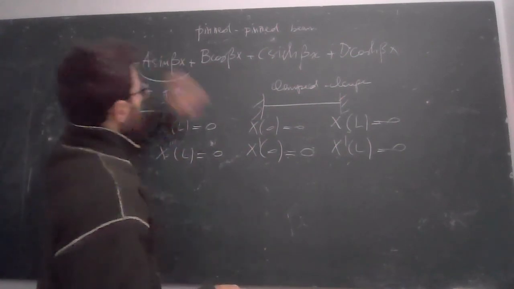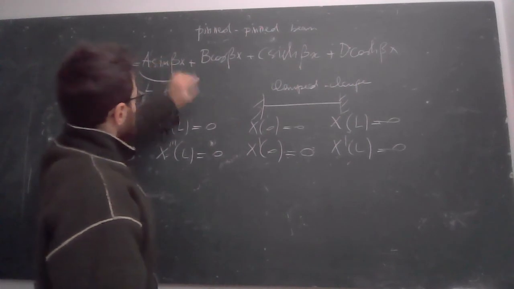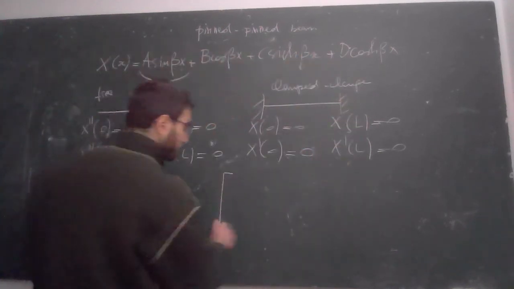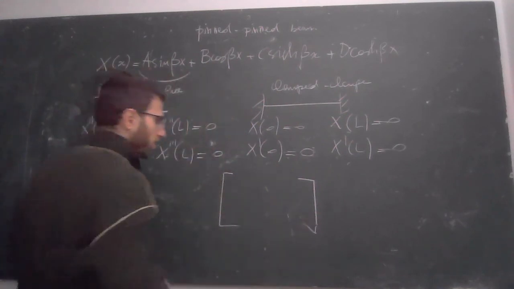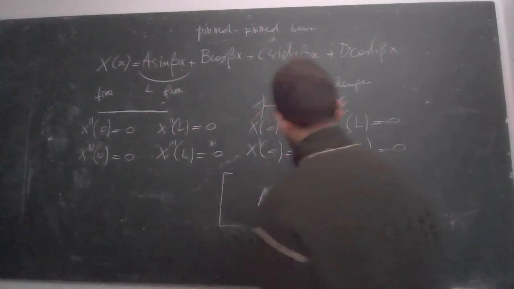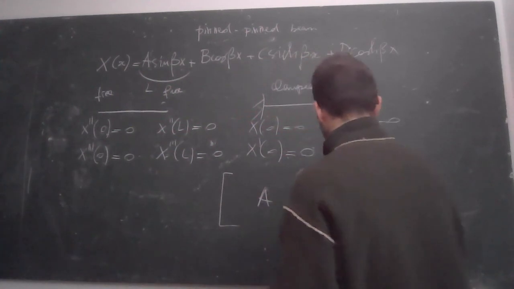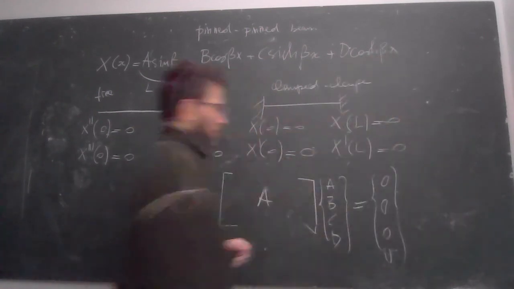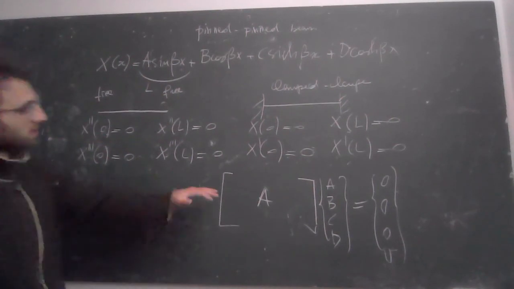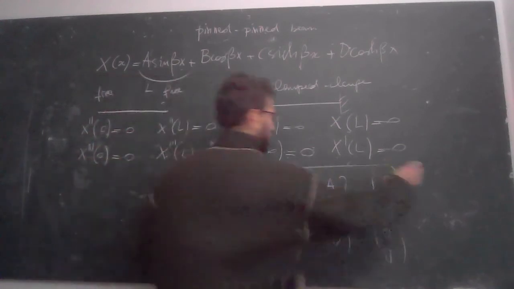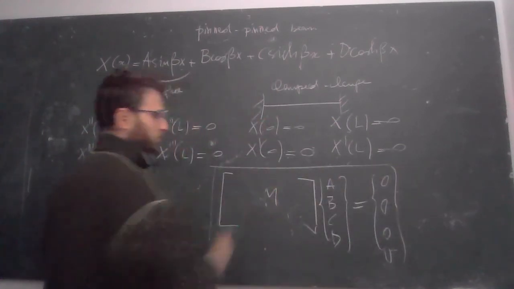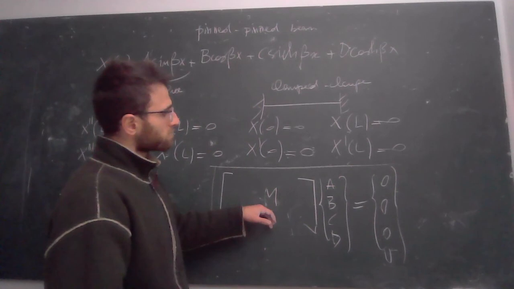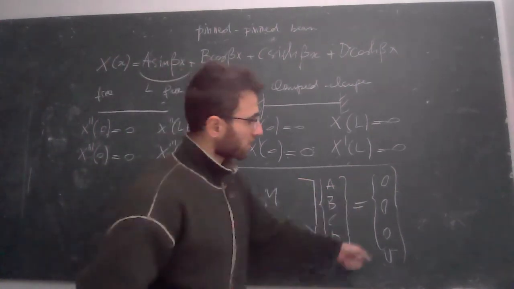And if we express these boundary conditions in terms of A, B, C, and D, we always find an equation written like this, a certain matrix of constant coefficients times A, B, C, D is equal to 0.